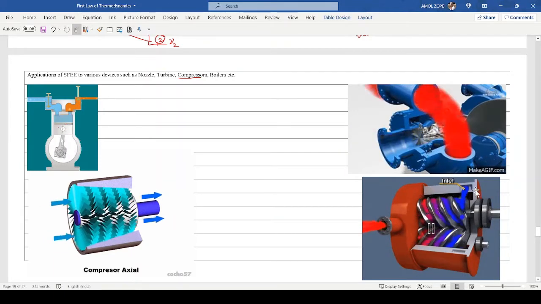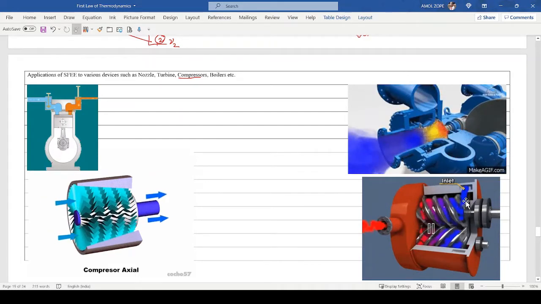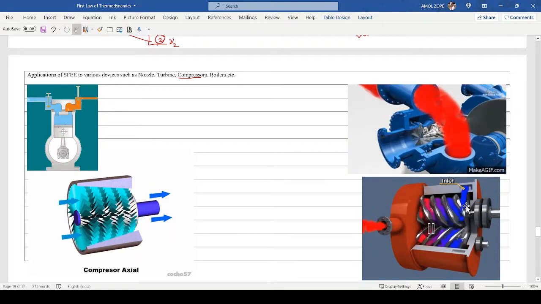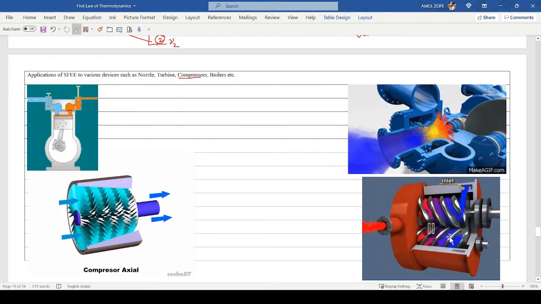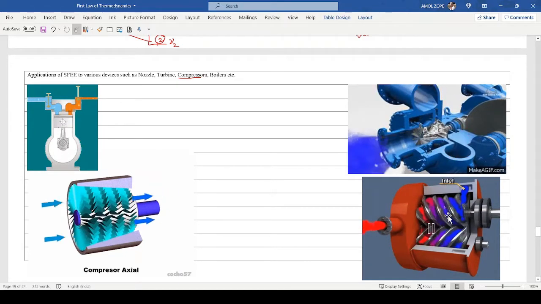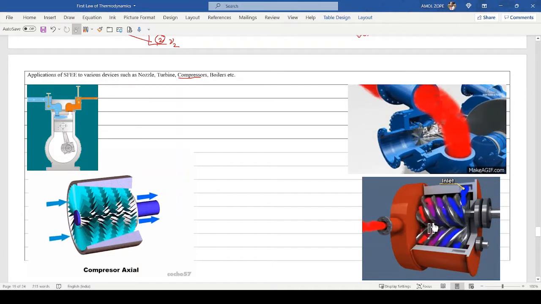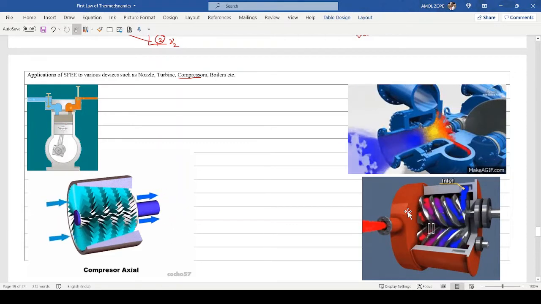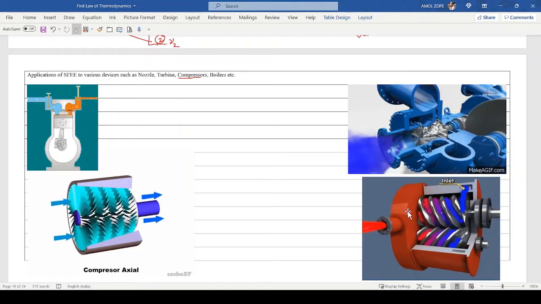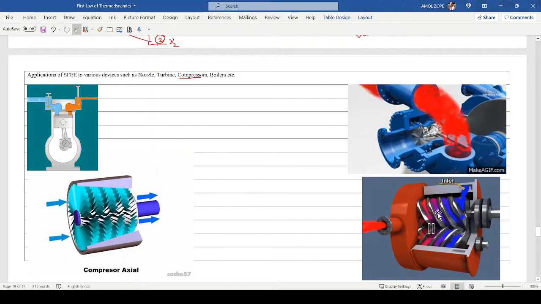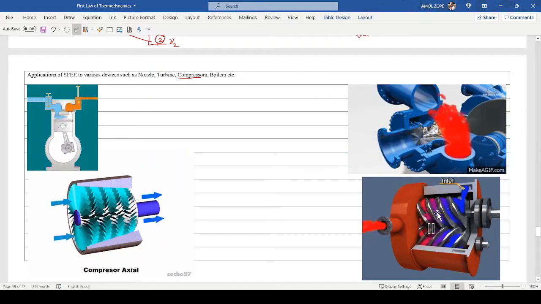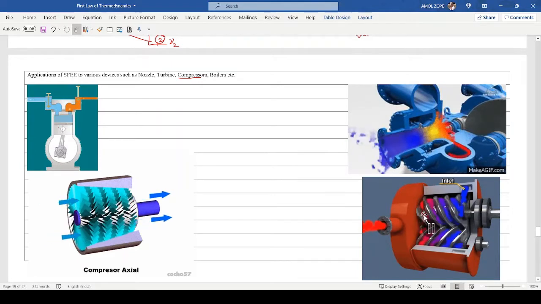Another design: at the inlet, look at the blue colored air or any gas or any fluid. That will be crushed in between the two teeth and recessed surfaces, and because of that pushing action against each other, more mass of the substance gets accumulated in a smaller and smaller volume.